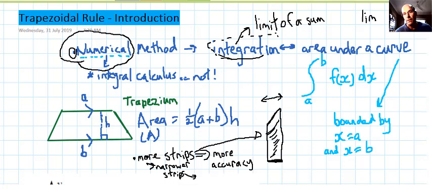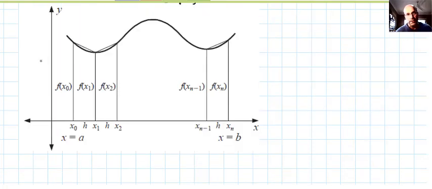Okay, let's have a look at the formula. So what we do is, for some given curve, we've got those ordinate lines, the vertical boundaries, as I mentioned before, between x equals a and x equals b.